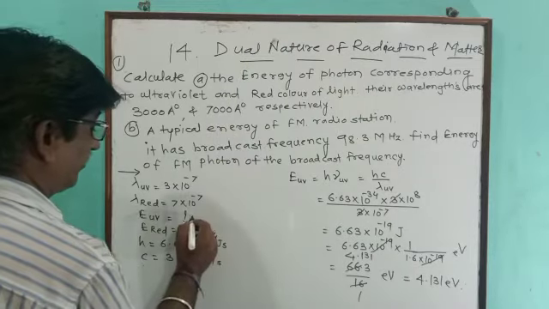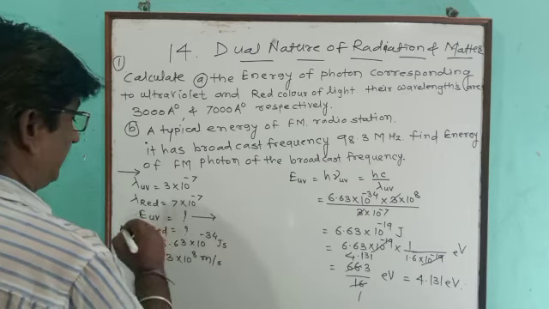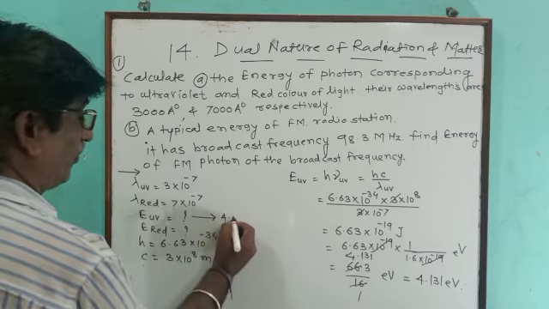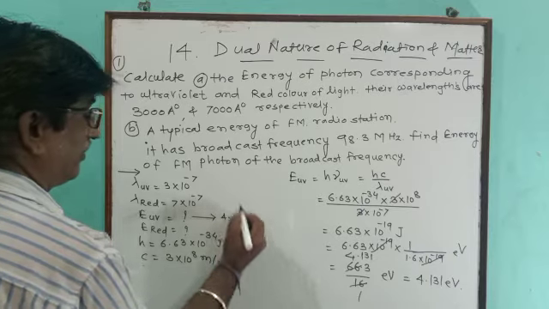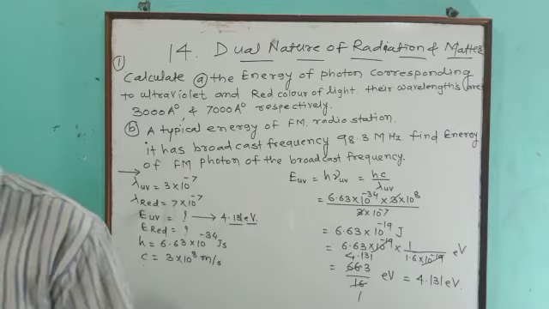The answer for the ultraviolet light energy will be 4.131 electron volt. First energy is calculated.